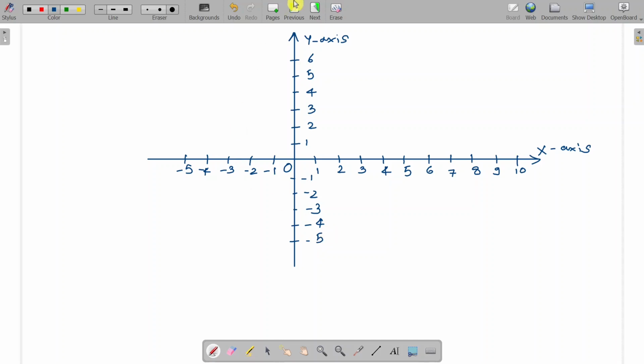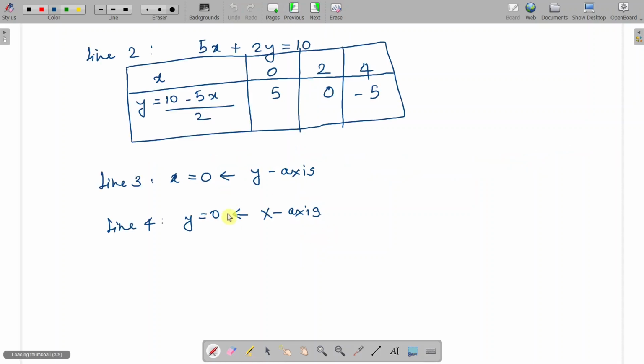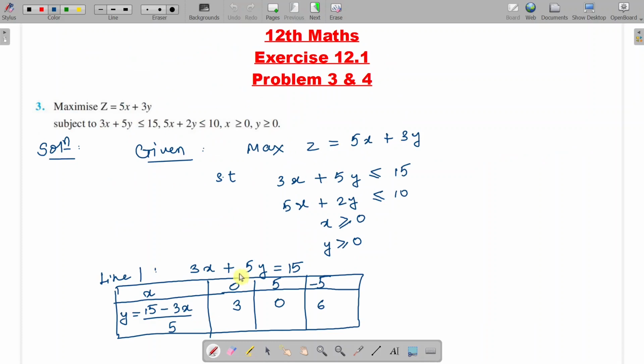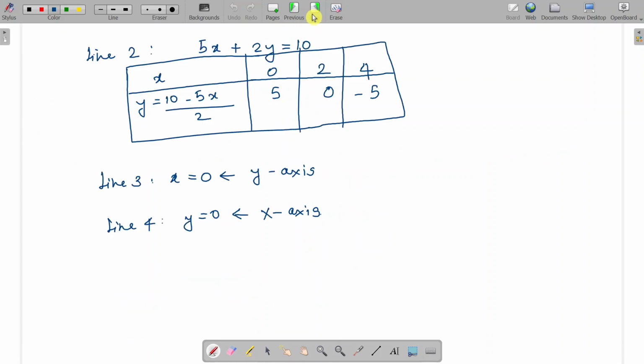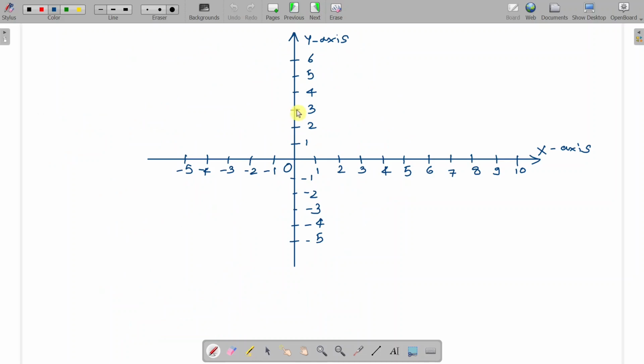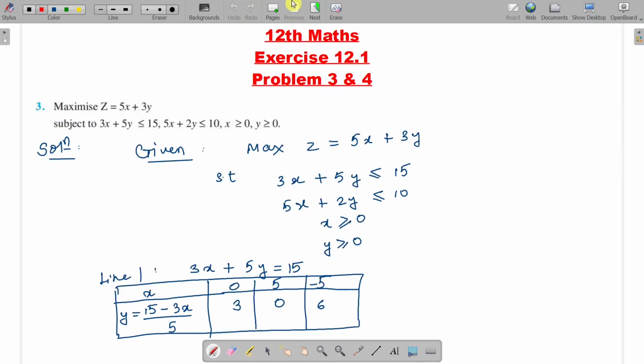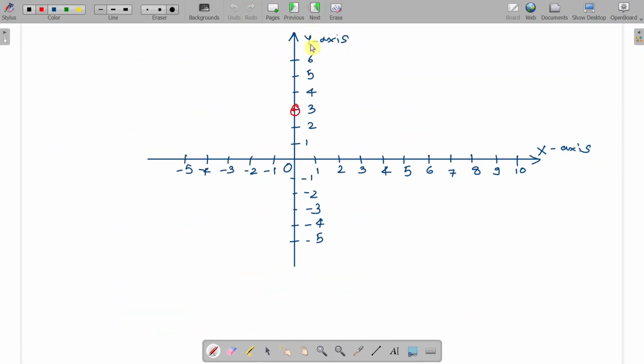Okay, so if we look at the first line, first point is 0, 3, that is here. Okay, 0, 3, then 5, 0, that is this.